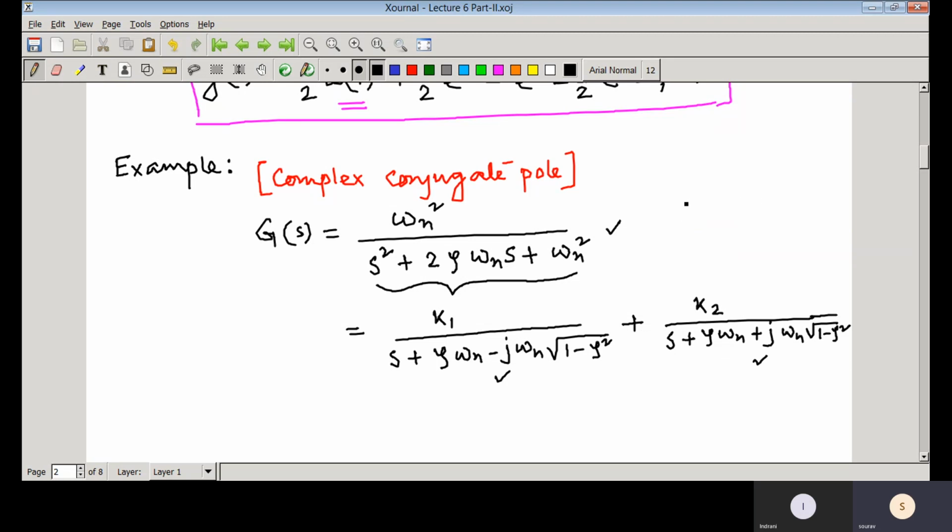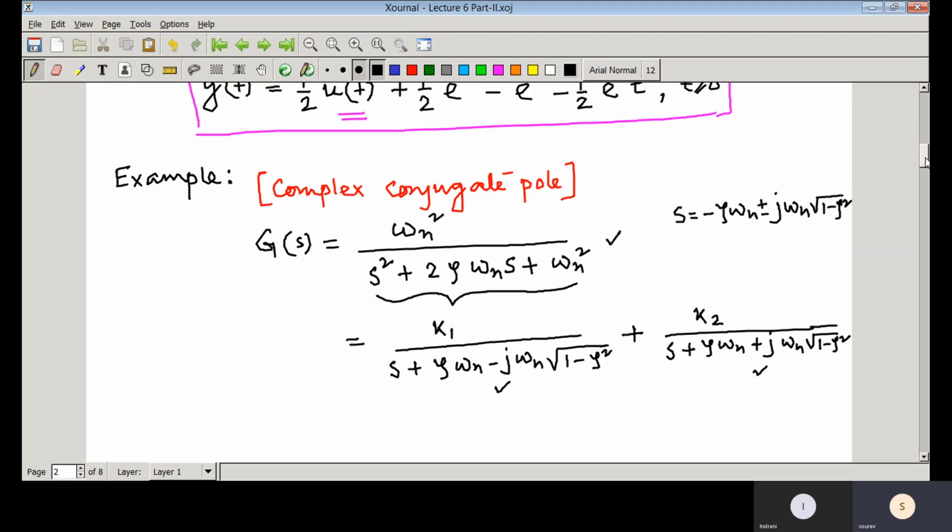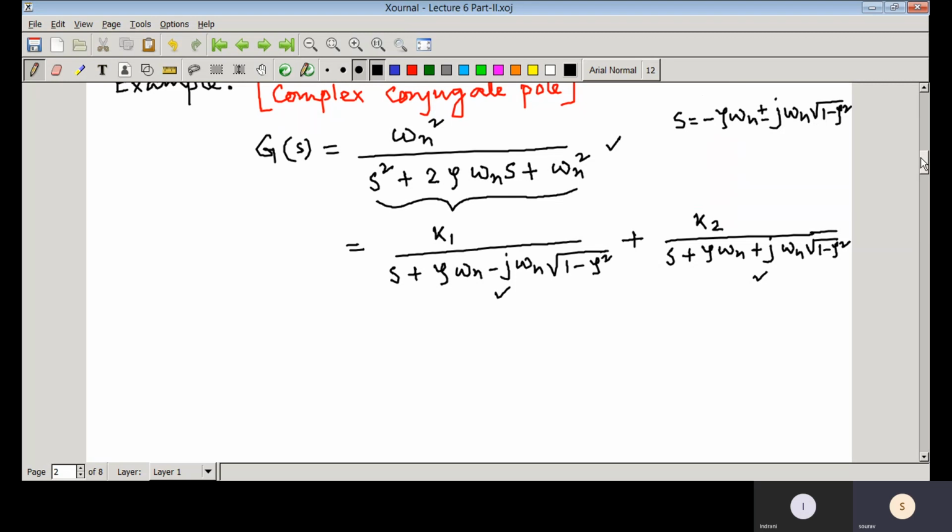So basically you have two poles, that is s equal to minus zeta omega n plus minus j omega n root 1 minus zeta square. So these are the two poles. Now how to solve this particular problem? We are trying to find what is GT. So GT would be equal to the Laplace inverse of GS.